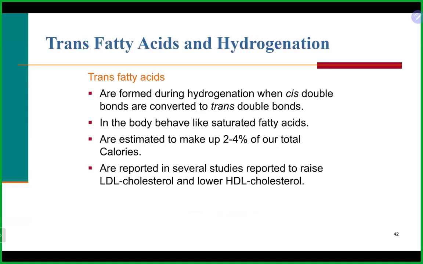And trans fatty acids are sometimes formed as a result of this hydrogenation reaction. So in the process of removing some of the double bonds, you actually end up converting some of those cis double bonds into trans double bonds.